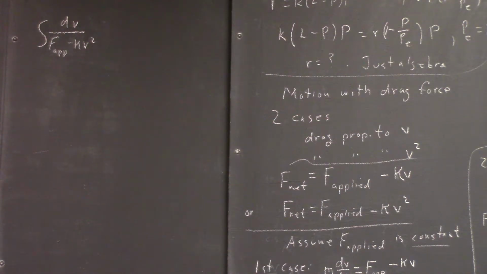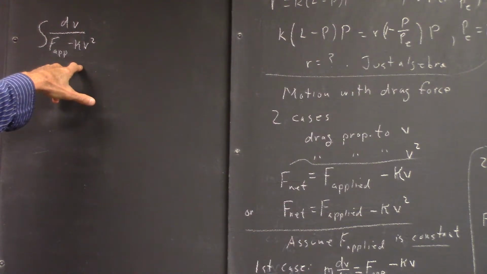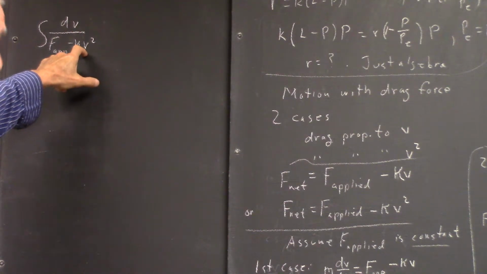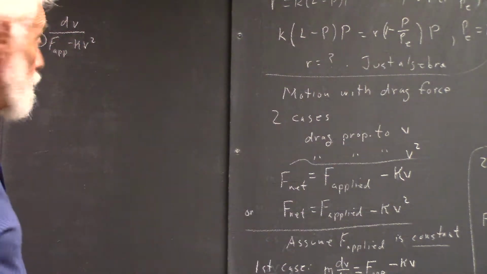Well, I could say that you probably want to factor this. Okay, well, it is a difference of two squares. Then you're going to have just a first power of v in each factor. Okay?